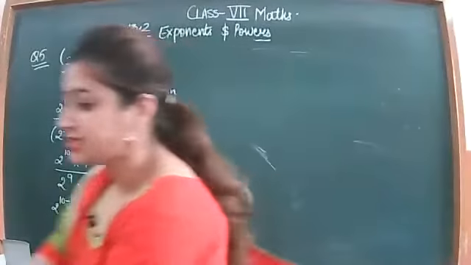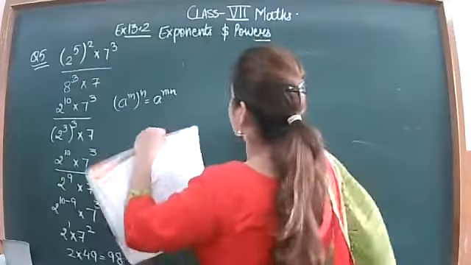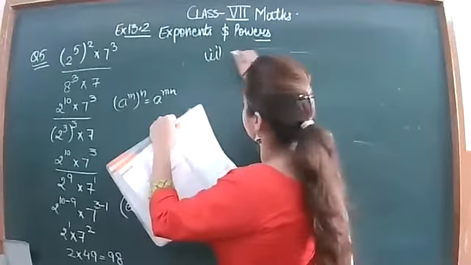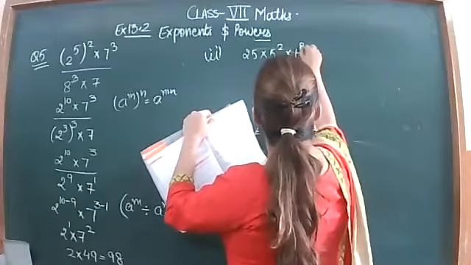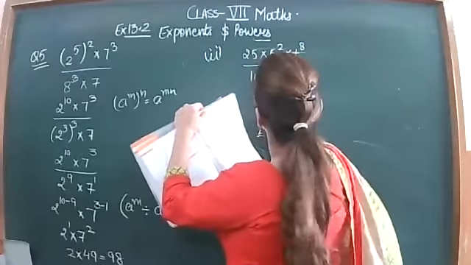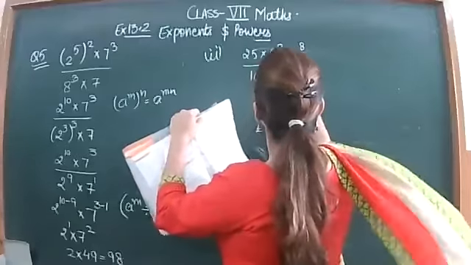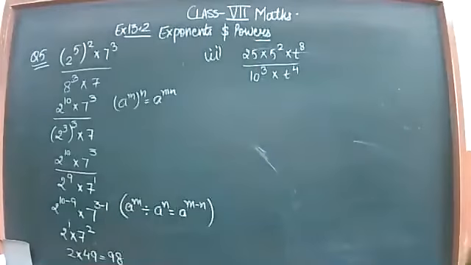Now, second part is 25 into 5 square into t raised to power 8, upon 10 cube into t raised to power 4.